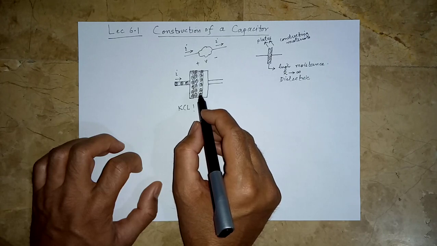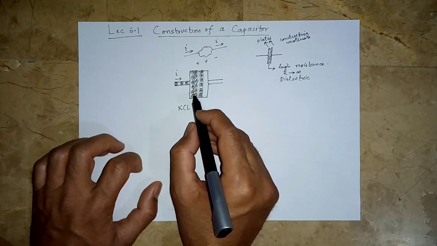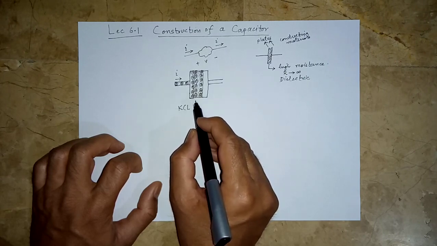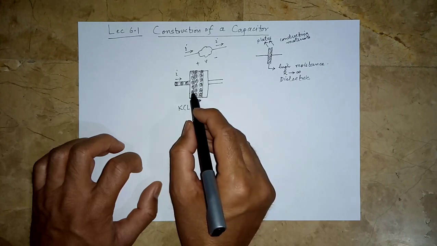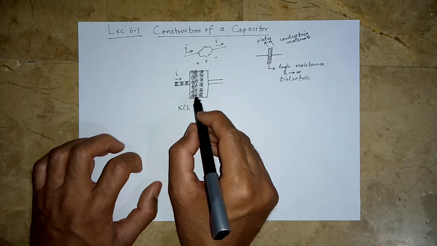So if the negative charge basically moves from here to here and the positive charge moves from here, some sort of a current flows within this dielectric material.